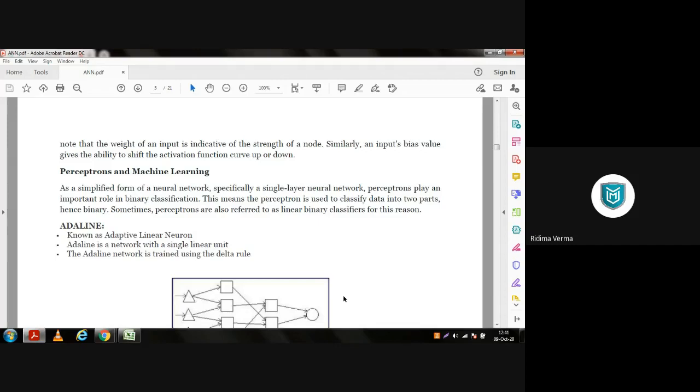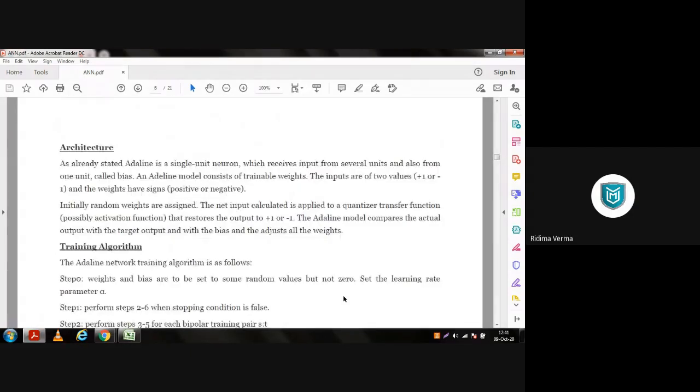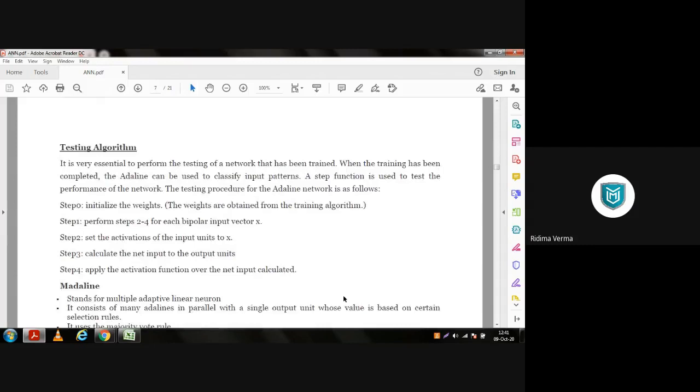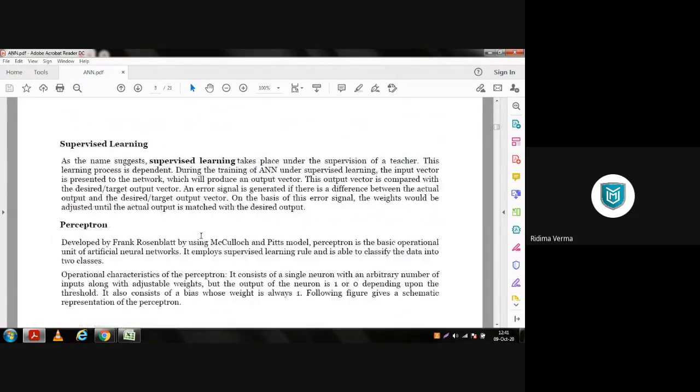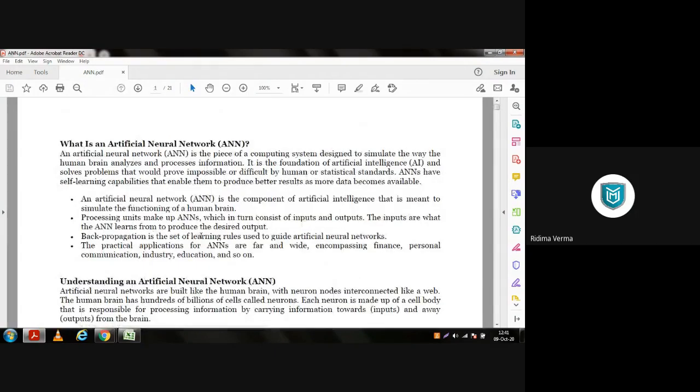Now after this, we will be discussing Adaline, which is known as adaptive linear neurons, and also Madaline, which is known as multiple adaptive linear neurons. This we will discuss tomorrow. Okay. So for today, you have a task.